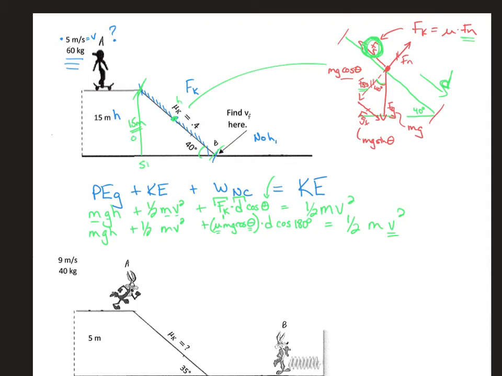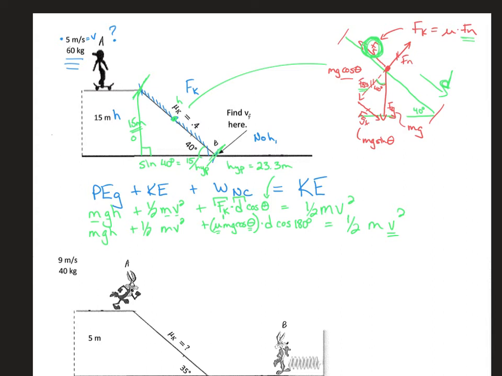It's sine of 40 degrees equals 15 over the hypotenuse. So my hypotenuse is going to be 15 divided by sine 40, or the length of my hill is 23.3 meters. So from here to here. And I did that by seeing a right triangle. I made a right triangle that would help me out.